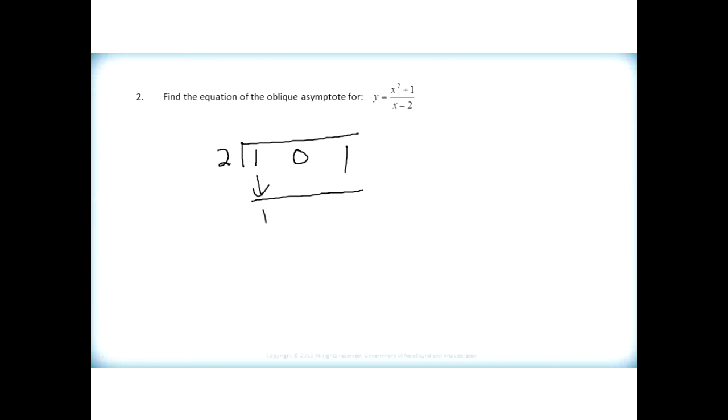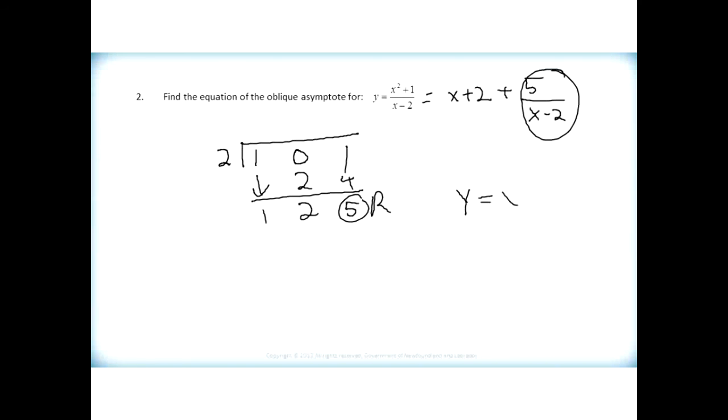Drop the 1, multiply by 2, add them up, multiply again, add them up again. There's our remainder. So this function is equal to x plus 2 plus 5 over x minus 2 as our remainder. Oblique asymptote, this stuff is not going to matter when x gets big, so we've just got y equals x plus 2. Nice, simple, linear function. Alrighty.